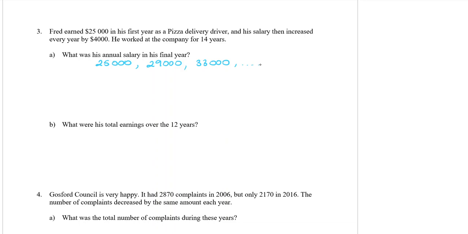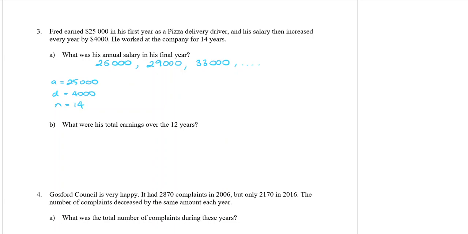So we've seen that the series is building there, and if I want his salary in the final year, I don't want to do it 14 times, I'm going to use one of my formulas. A is 25,000. D is a positive 4,000, and n is equal to the 14th term that I want to find.